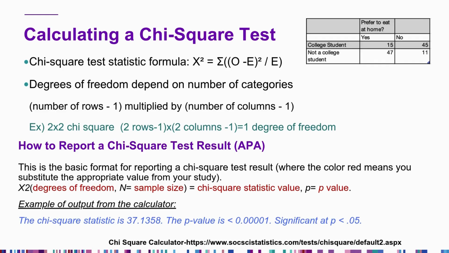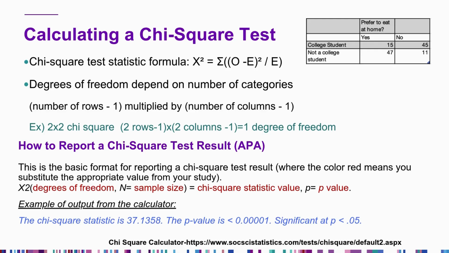Now let's take a closer look at the chi-square test and how it works. I have the actual formula listed here, but don't worry, you don't need to memorize that. We will use an online calculator for our work in this class. We're going to talk about the degrees of freedom because that is something you'll need to be able to report with your chi-square statistic.